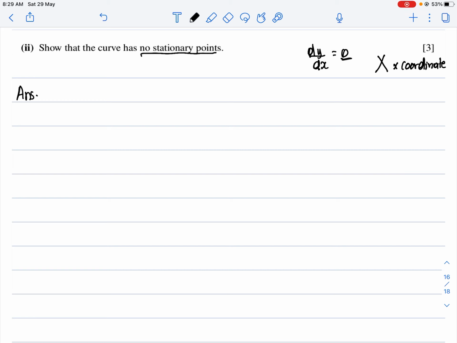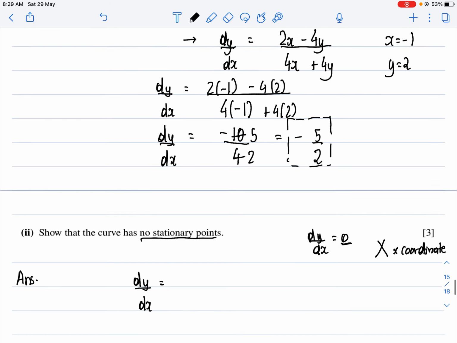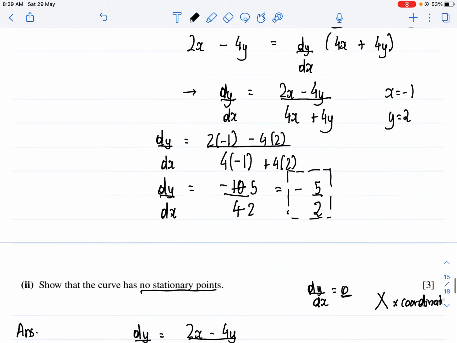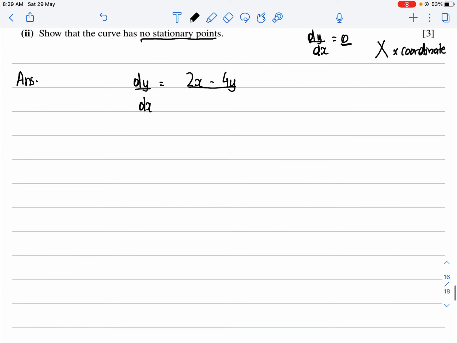From part 1, I have dy by dx as 2x minus 4y over 4x plus 4y.